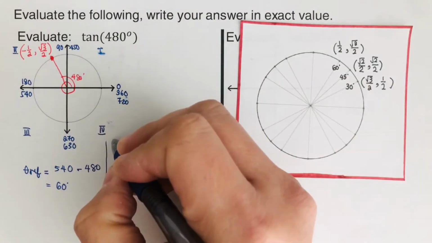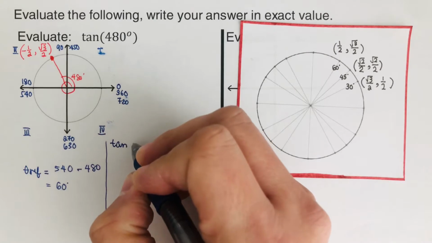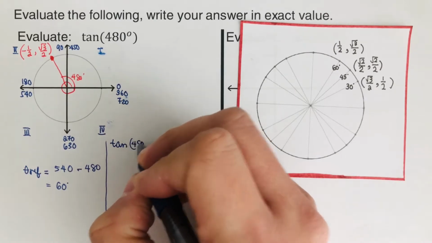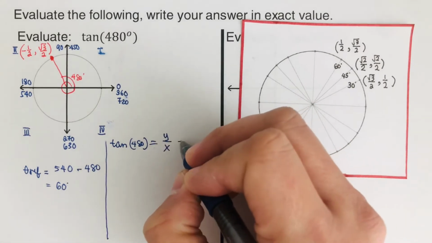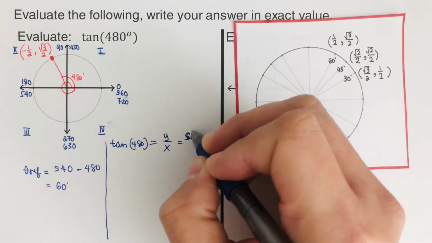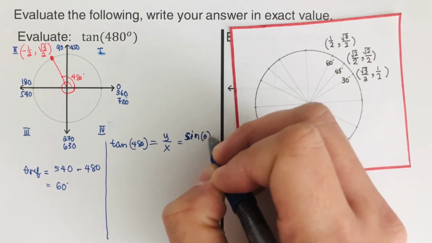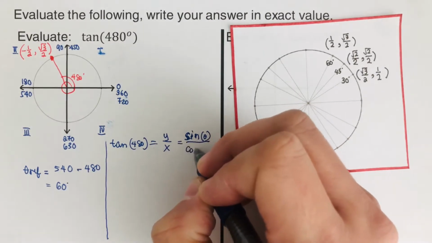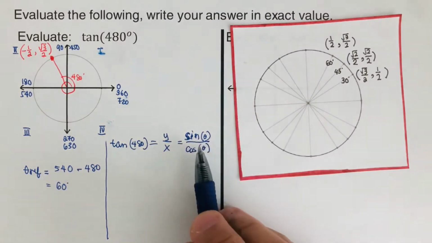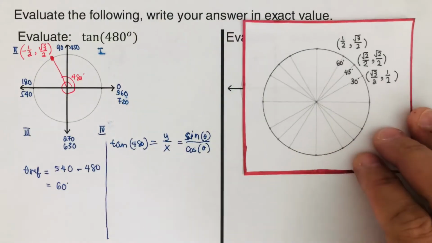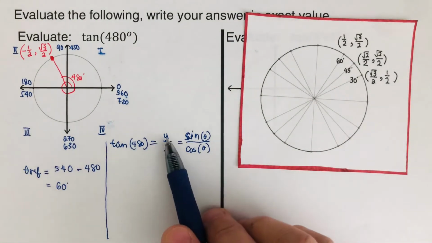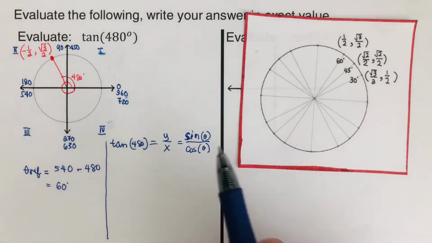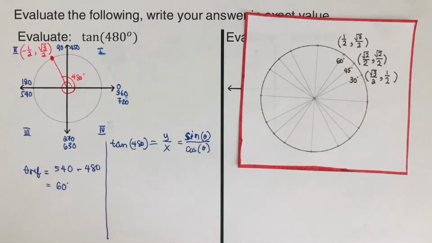So tangent 480 degrees is equal to y over x, or pretty much equal to the sine of theta, whatever that angle is, over cosine of theta. So this is the other equation to find the tangent. Aside from opposite over adjacent, we can also use sine theta over cosine theta.